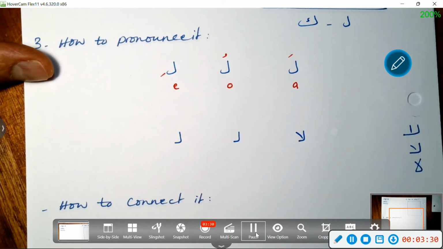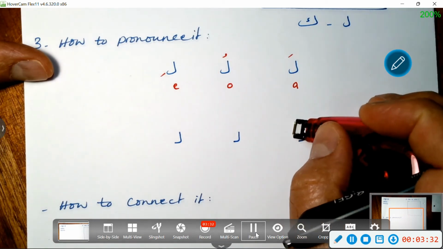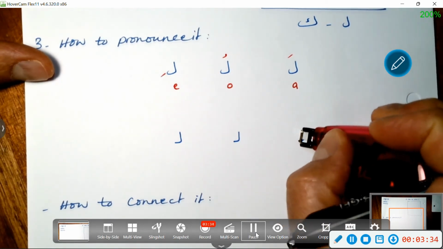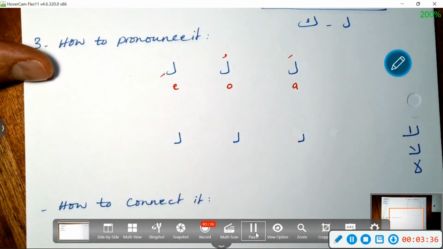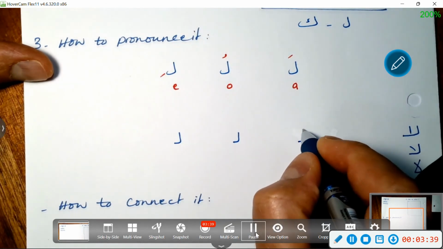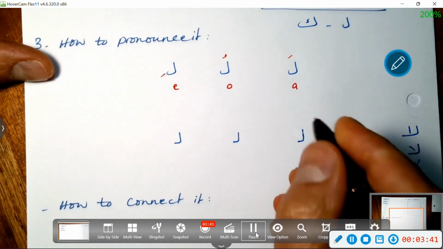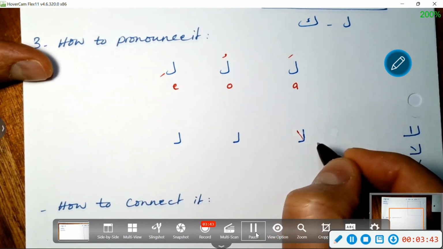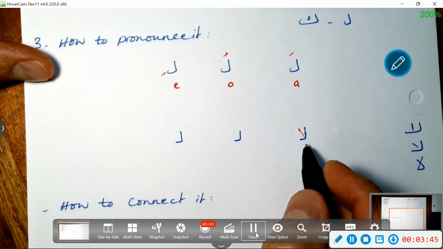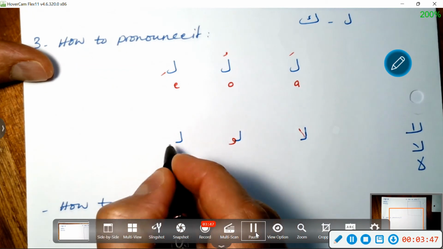Now I have to erase the alif because I have to draw it with a different color. Okay, so this is lam, alif, alif mad, this is lu, this is li.